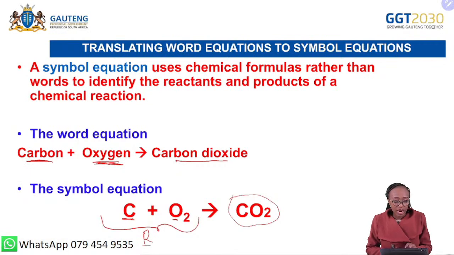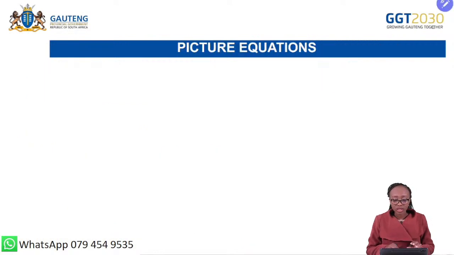If we look at the right side of the arrow, where the arrow is pointing to, we have carbon dioxide, and this is our product. So our reactants are carbon and oxygen, and our product is carbon dioxide. So that is our symbolic equation.